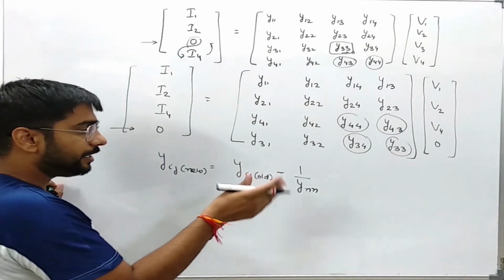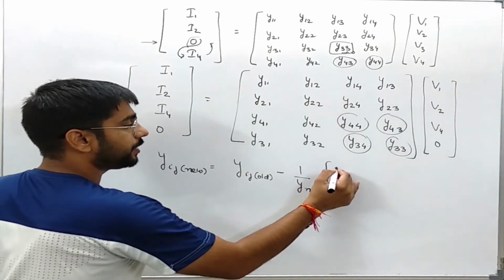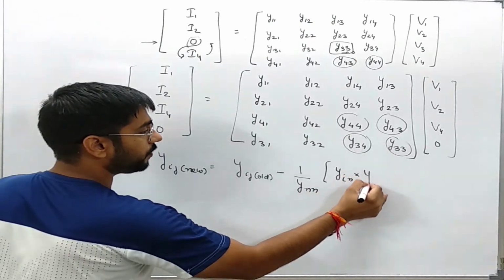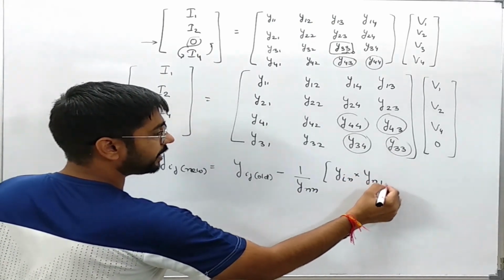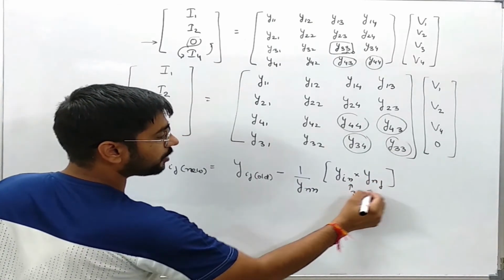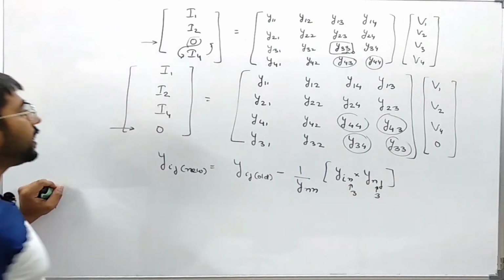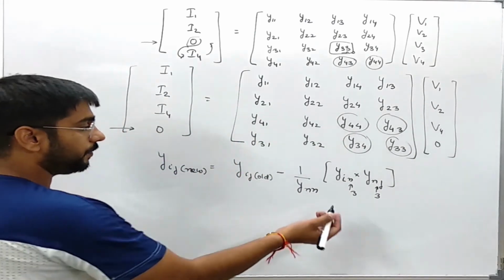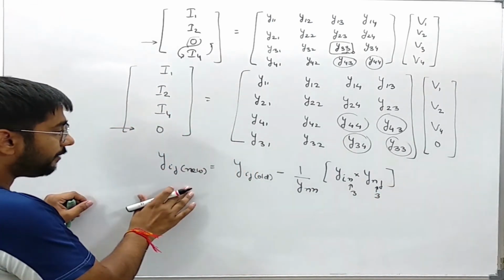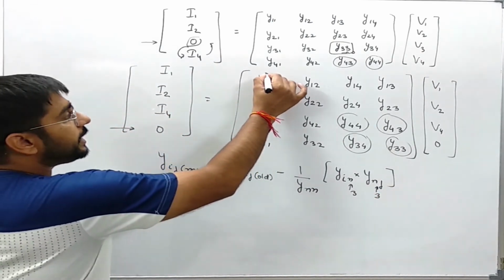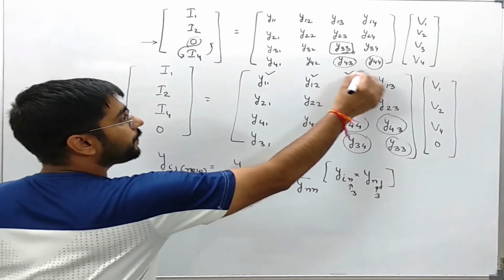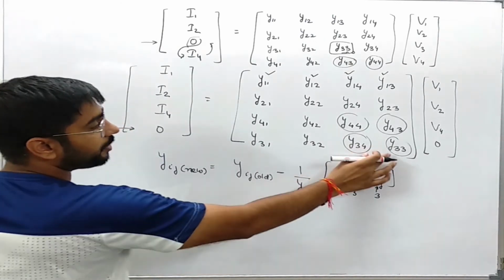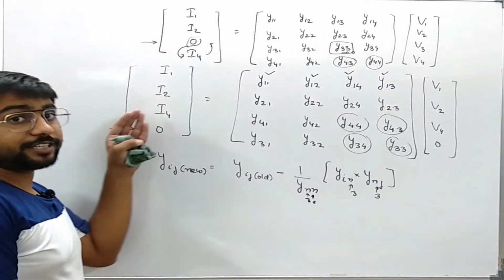Then it would have been easy to use this formula. Here n is 3 because instead of renumbering, I have kept the numbers same, 3 and 4. So in this way, I will find the value of each element using this formula. Here n is 3 because I have not renumbered the elements, I have just changed their order.